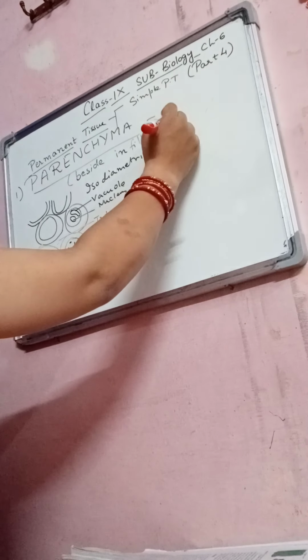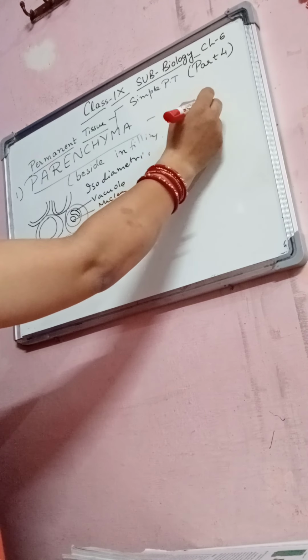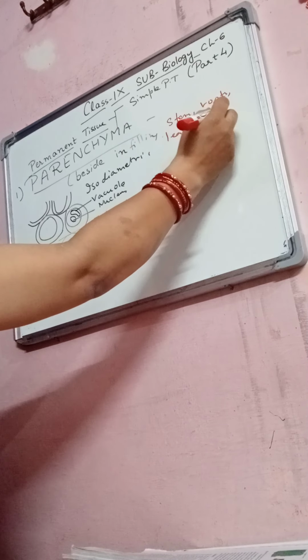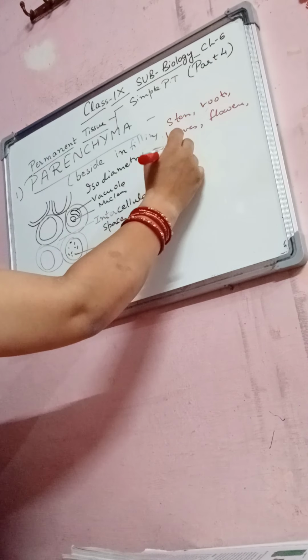Parenchyma is widely distributed in the plant body, like stem, roots, leaves, flowers and fruits.